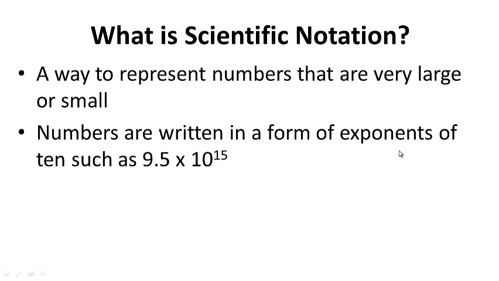Okay, so for your notes, question on the left-hand side here, answer on the right-hand side. What is scientific notation is the question. The answer, everything below the question goes on the right-hand side of your notes. Okay, go ahead and pause this while you write. I'm going to move on.